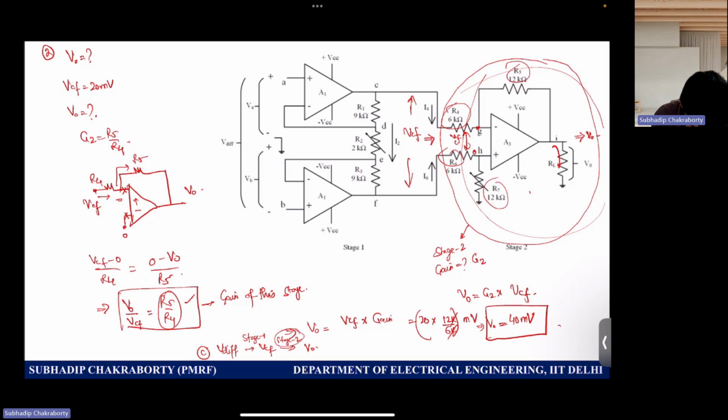Now this stage 2 gain you already know is R5 by R4, which is nothing but 2, and stage 1 gain G1 is what? VCF by VDIF, which is nothing but 20 by 2. So this is 10. So what is G net? It is nothing but G1 times G2, which is nothing but 2 into 10, which is 20. So 20 is the overall gain of this instrumentation amplifier.